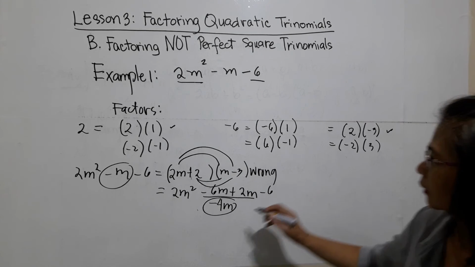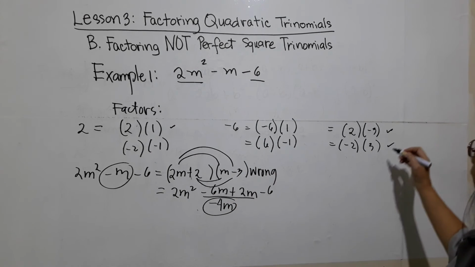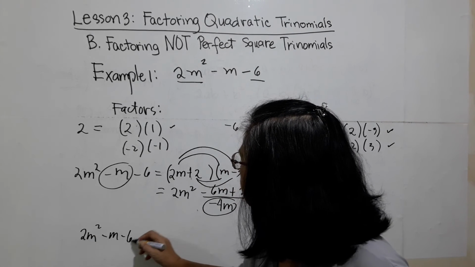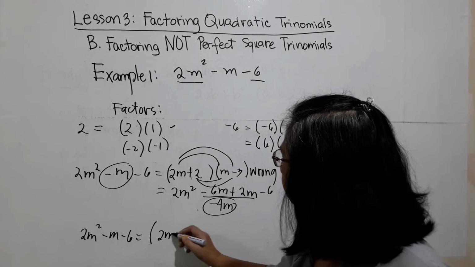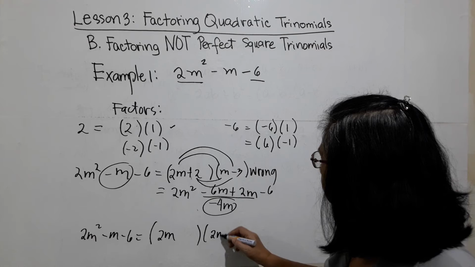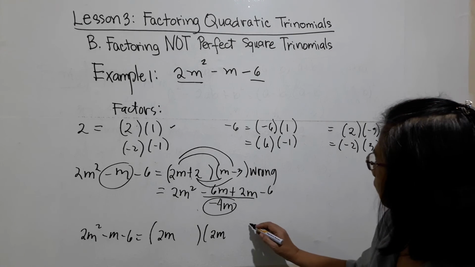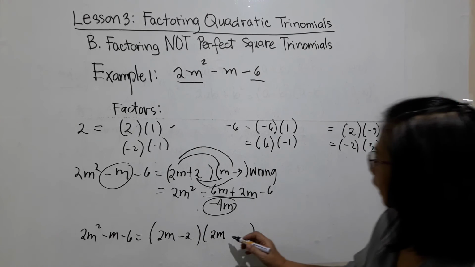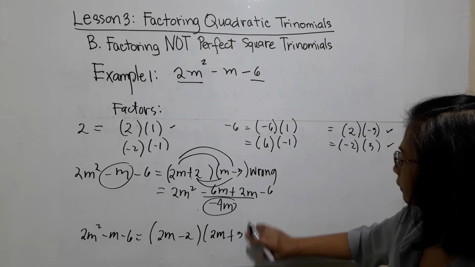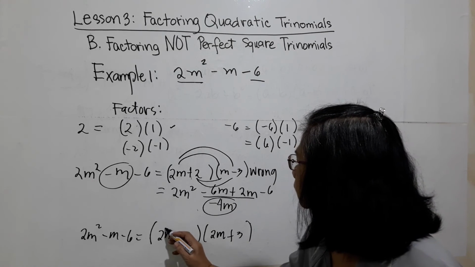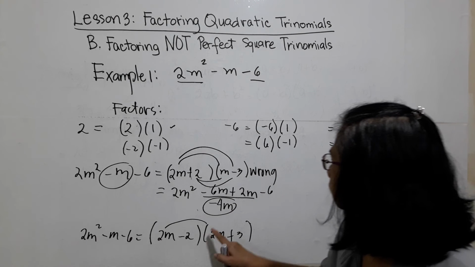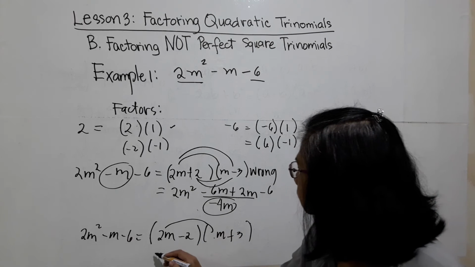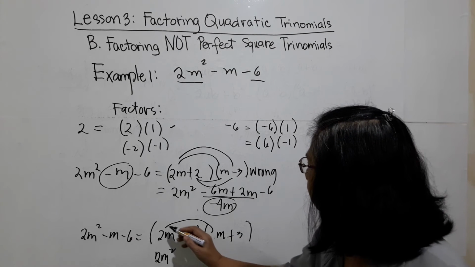So wrong factors for the given polynomial. Okay, let us try again the second pair of factors here. So 2m squared minus m minus 6. So we have 2m, then m also here. Using this one, negative 2 plus 3. Okay, FOIL again. Do the FOIL. You have 2m squared.